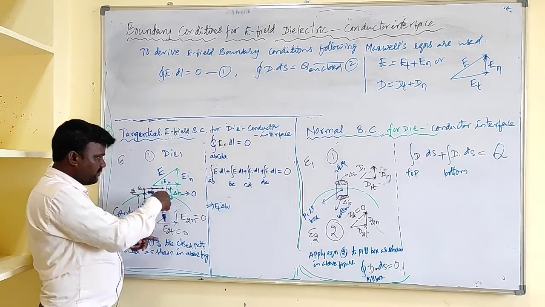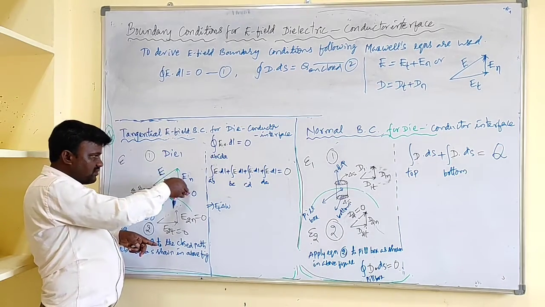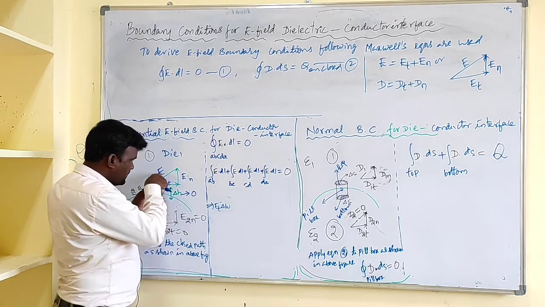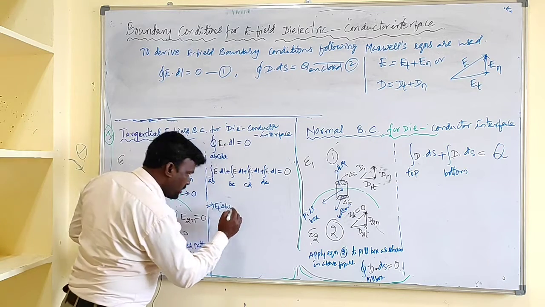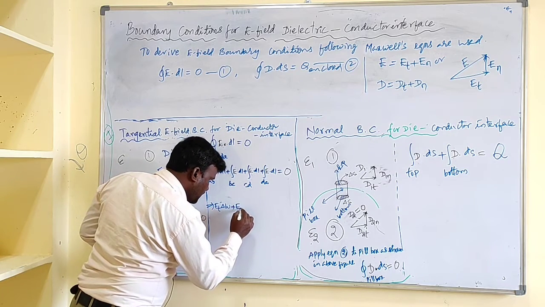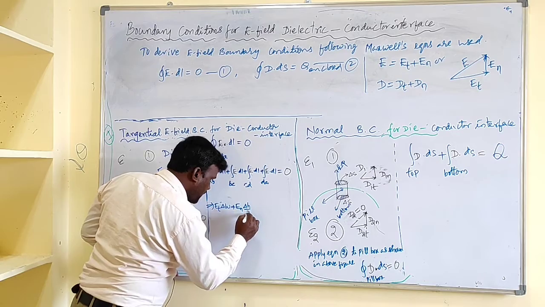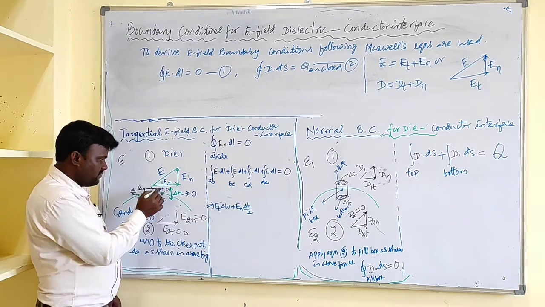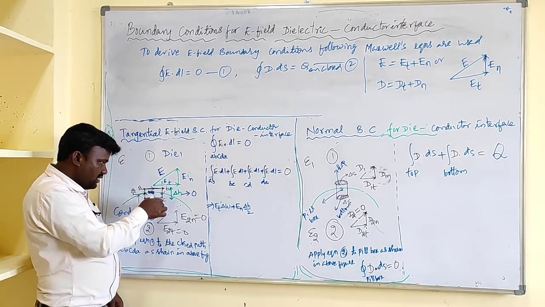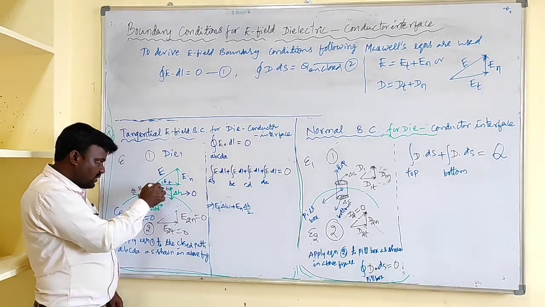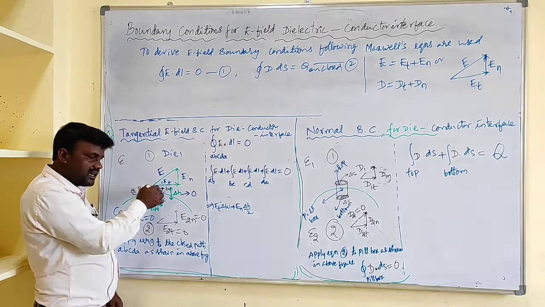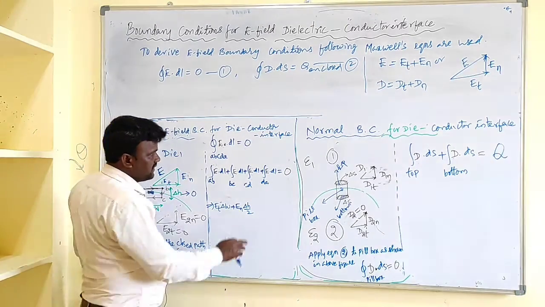For the first medium, this is going in the downward direction, but the field component in the first medium is E. So that is the normal component, En into delta H by 2. Half of the part is covered in the first medium, so the total height is delta H, whereas from this point to this point is delta H by 2.